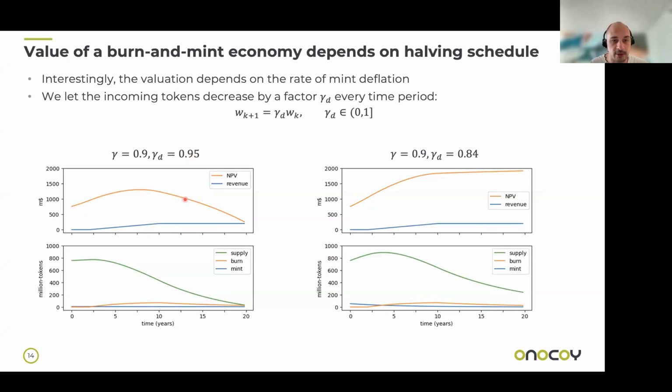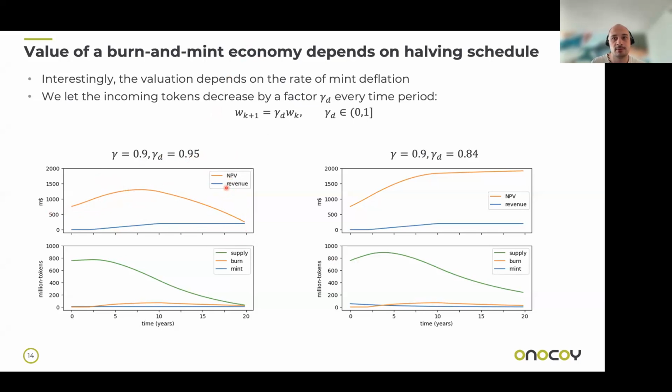This is the net present value of the economy, so that's what the economy is valued at. It rises at first, and you think you've got a good, stable economy, but then it ends up going down. And what happens is that the NPV ends up being equal to the revenue.